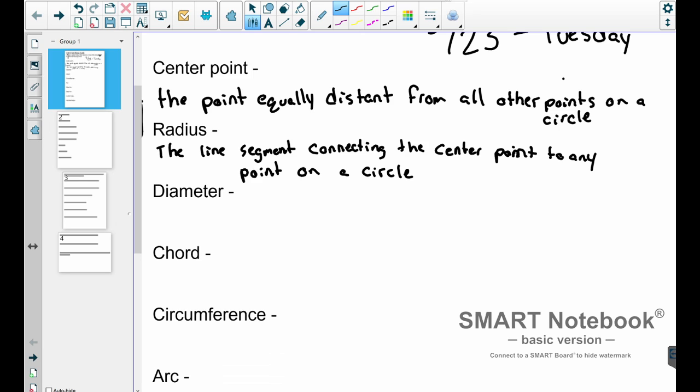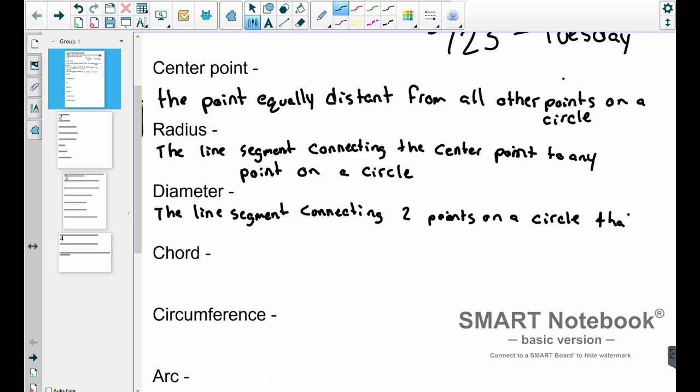What about the diameter? The line segment connecting two points on a circle that crosses through the center point.